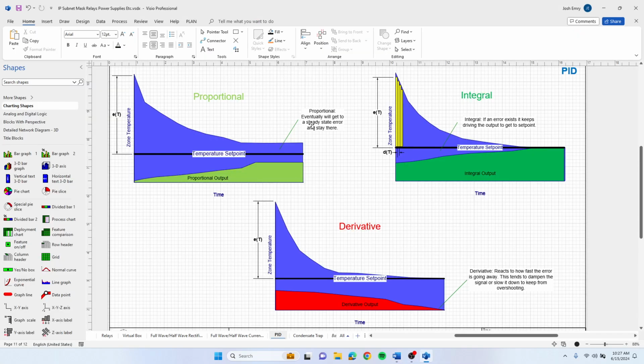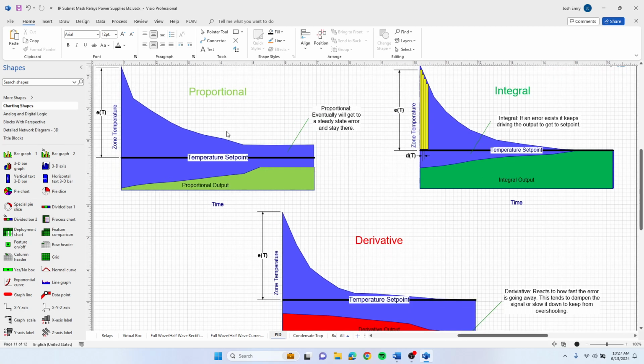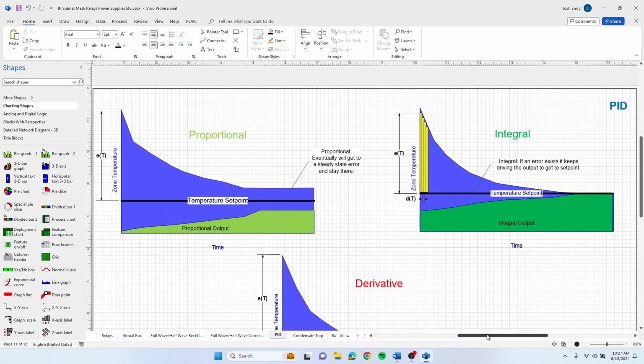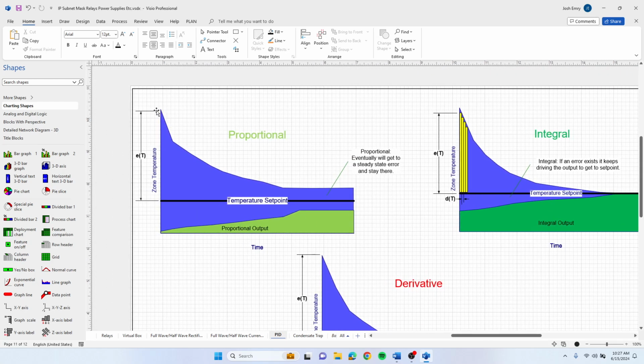Visually, if we look at the proportional, here's our room temperature, or in the case of discharge air, this would be our discharge air. This black line is our set point. E of t is our error, so at this time, our error is this.